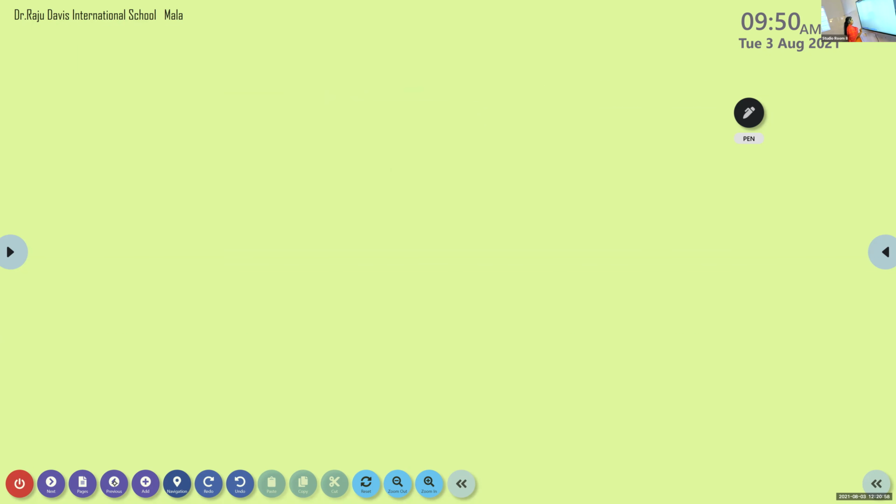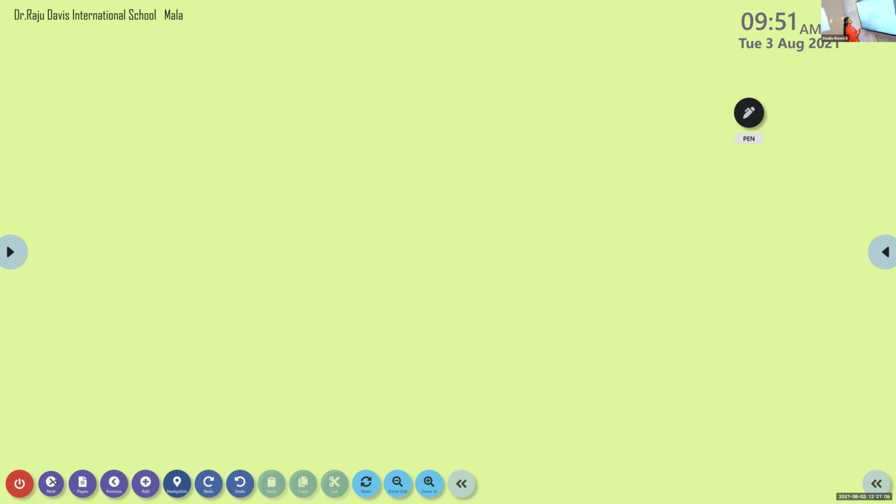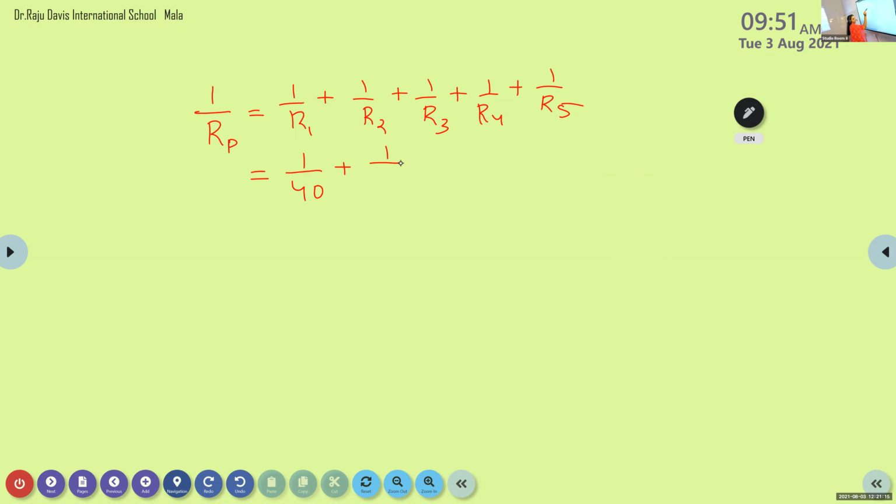So what are the values given here? Here we have 40, 5, 8, 20 and 10. 1 by 40 plus 1 by R2 which is 5, right?